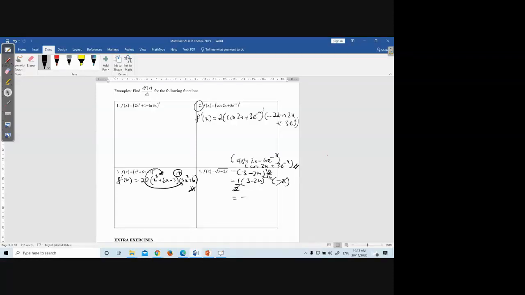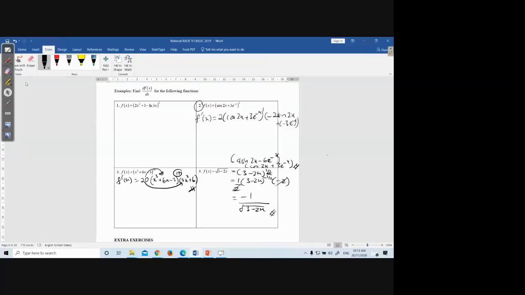The final answer is negative 2 over 2 times the square root of 3 minus 2x. It's quite easy, right? Because all of this is a power rule like this.